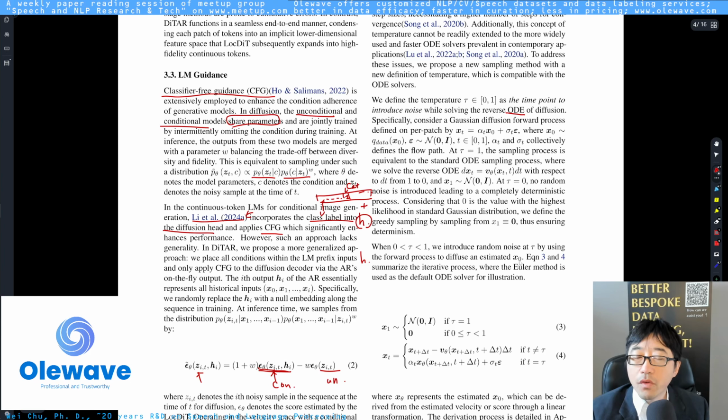Okay, because diffusion models use ODE. I believe I have a paper reading about the neural ODE. Search in my channel and see whether you can find it.